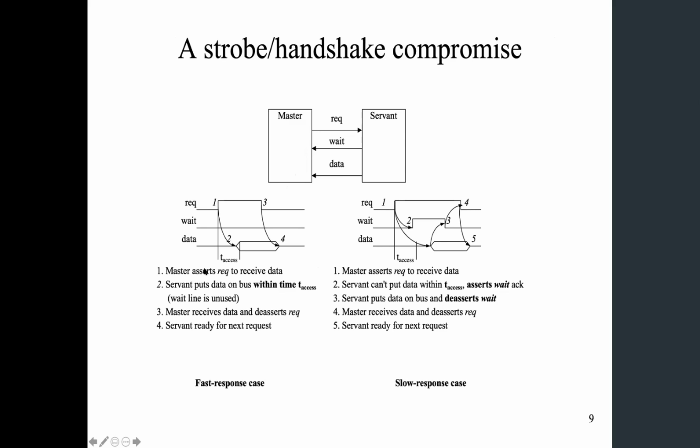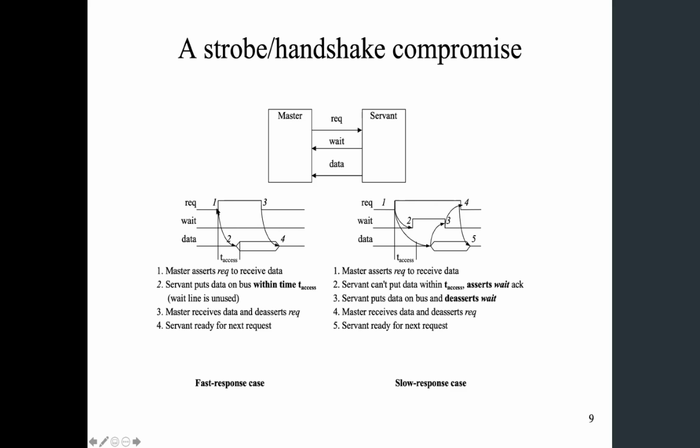In a fast response case, as we show here, there's no involvement of this wait signal. So the wait signal is always deasserted, so it's 0 all the time. So this becomes a typical Strobe protocol.